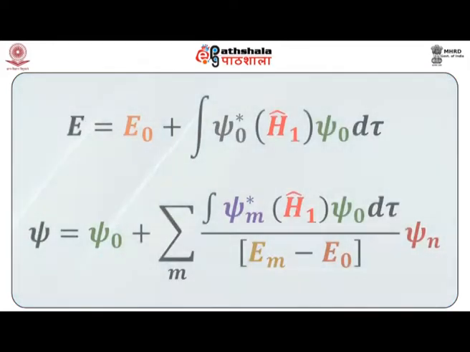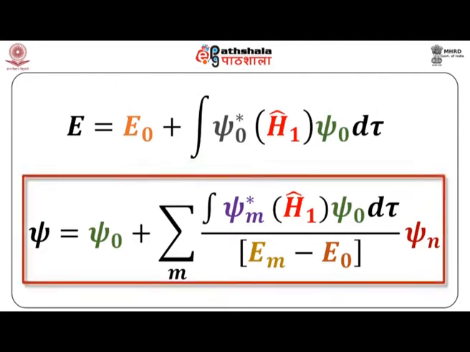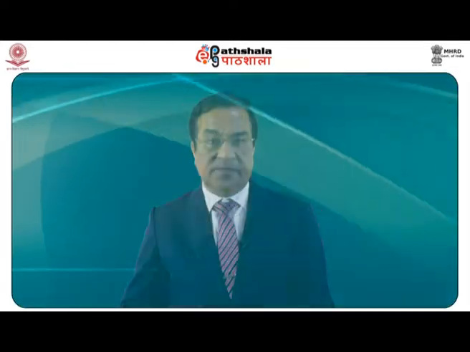The energy is E equals E0 plus the integral of psi 0 star H1 cap psi 0 d tau, and the corresponding wave function is psi 0 plus the summation over m of the integral of psi m star H1 cap psi 0 d tau divided by the absolute value of Em minus E0, times psi m, with m not equal to 0. So these are the basis of first order perturbation theory.